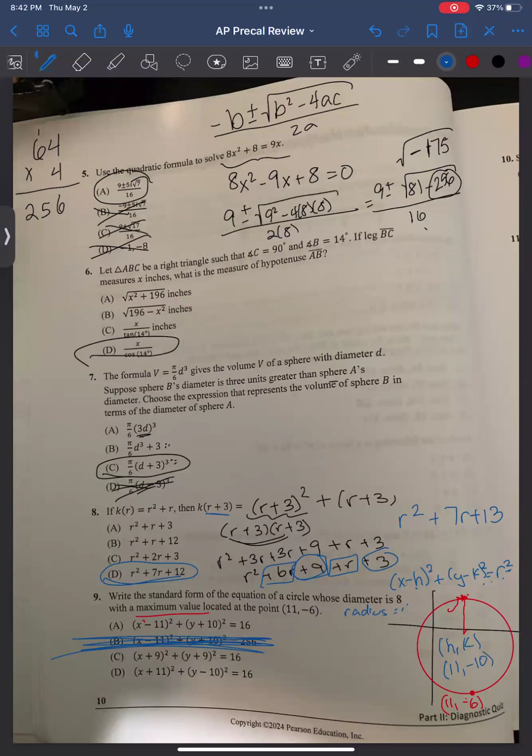So then I would have x minus 11 squared plus y minus negative 10 squared. And then that's going to be x minus 11 squared plus y plus 10 squared equals 16, which is A.